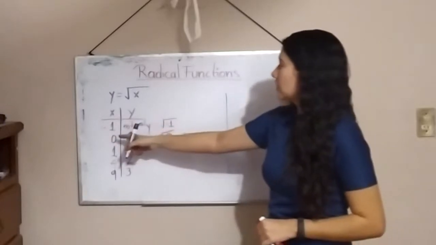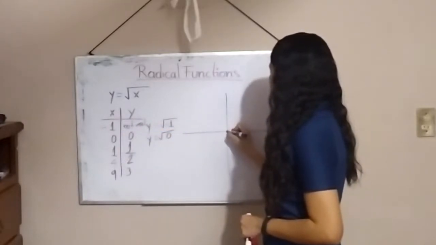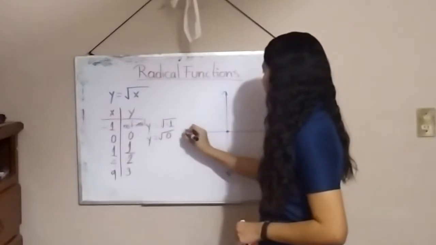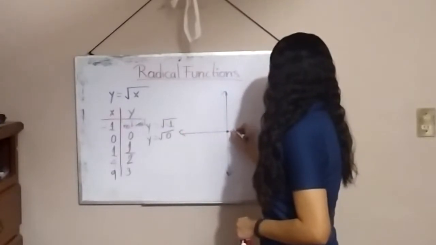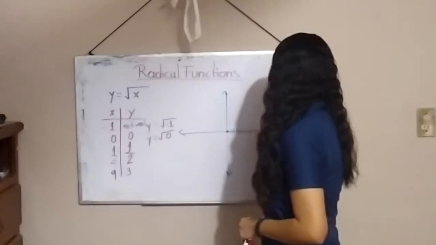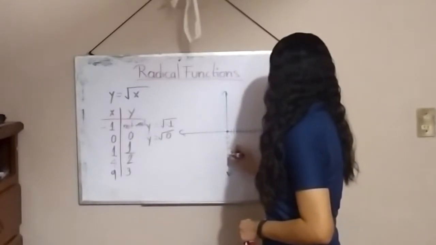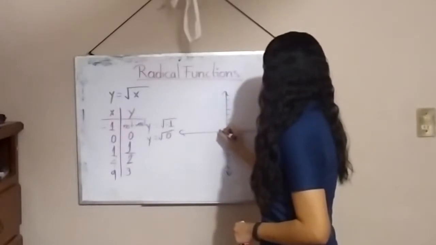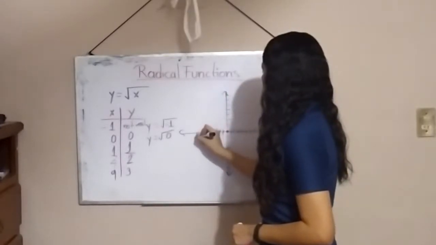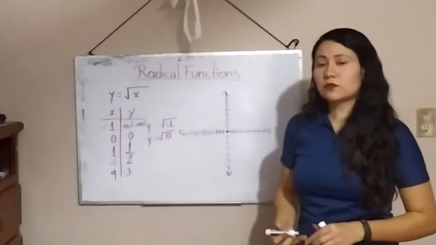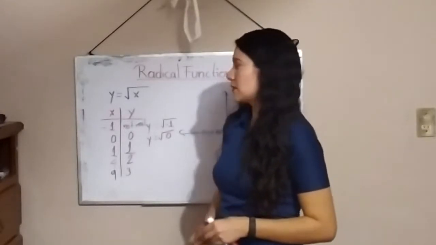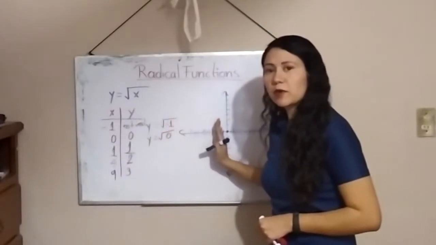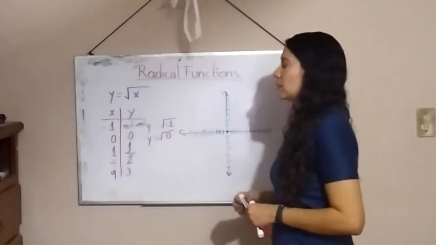We have 0, 0. And then we are going to add the values 1, 2, 3. Since we don't have any negatives for the values of x, we are not going to be using this part of the coordinate plane.